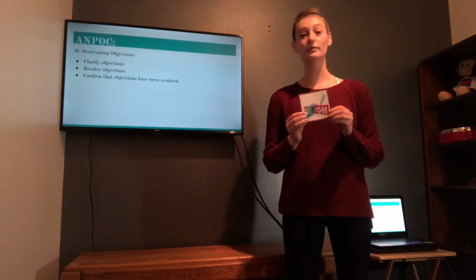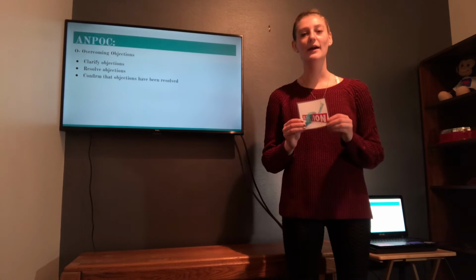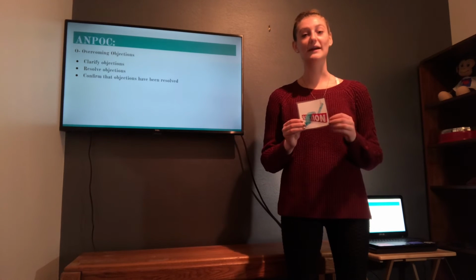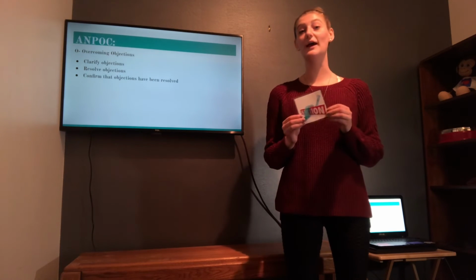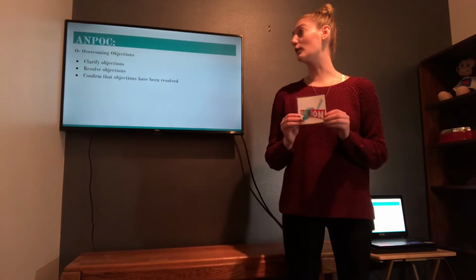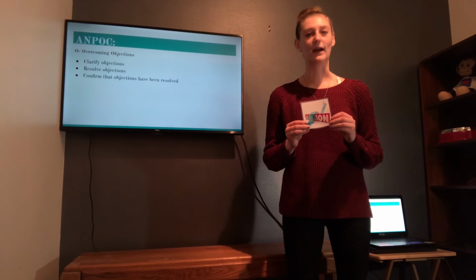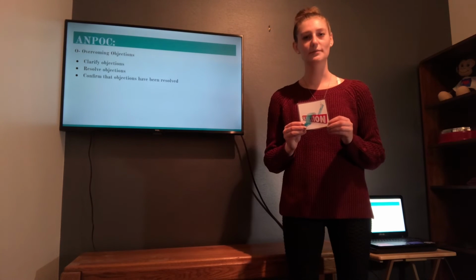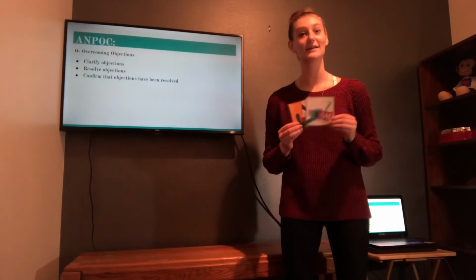Then for resolve, you'll go in and say, I think you'll be happy to know our company provides 10 different colors of cardstock paper, including blue and black. Then you'll follow up with a confirmation by saying something like, does that resolve your concern? And that's how you go about doing the overcoming objections section.